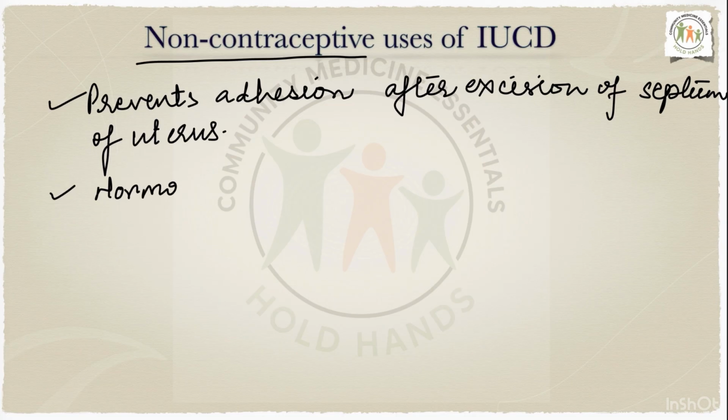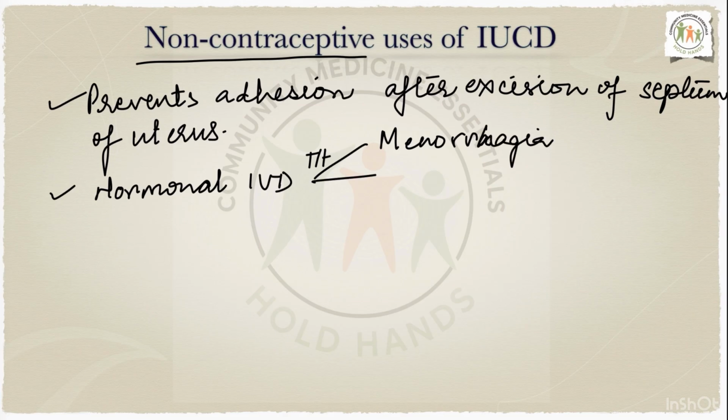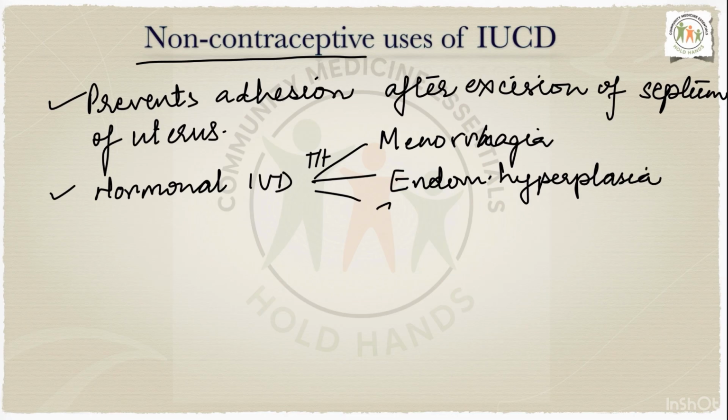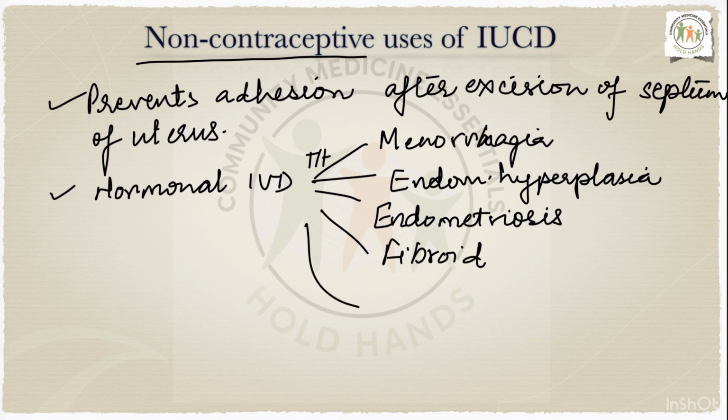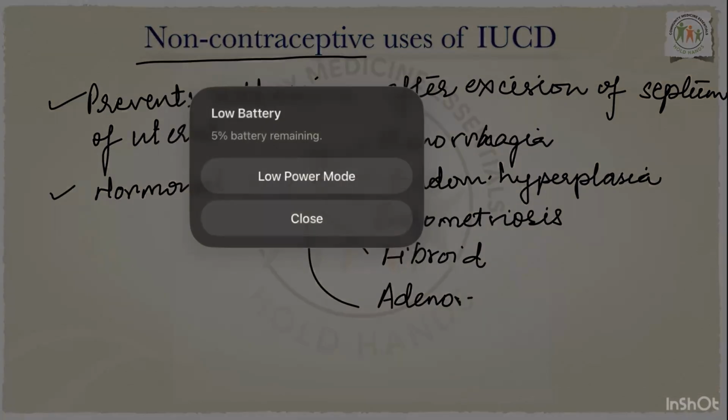Then hormonal IUD is useful in treatment of menorrhagia, endometrial hyperplasia, endometriosis, fibroid, adenomyosis.